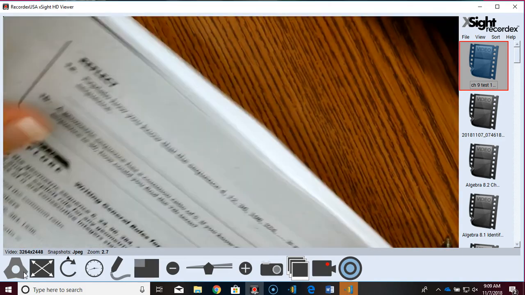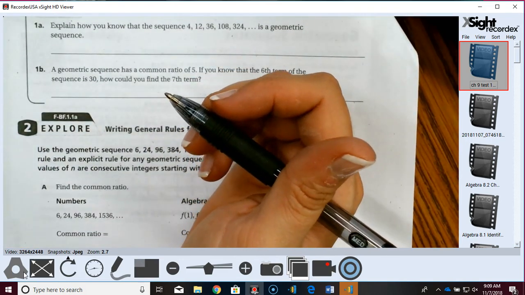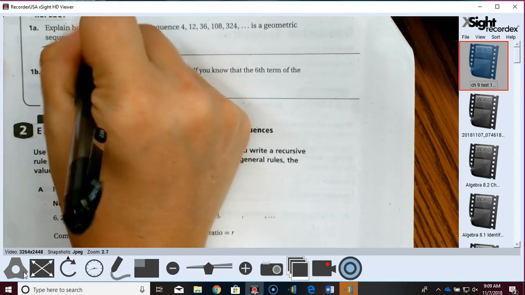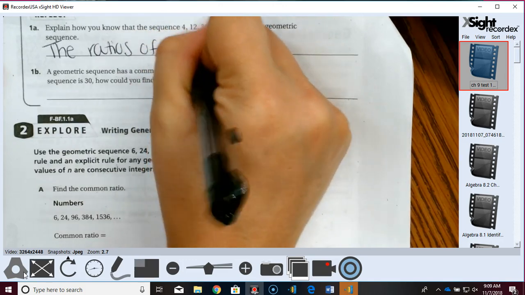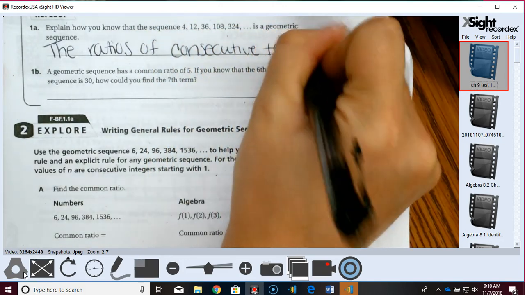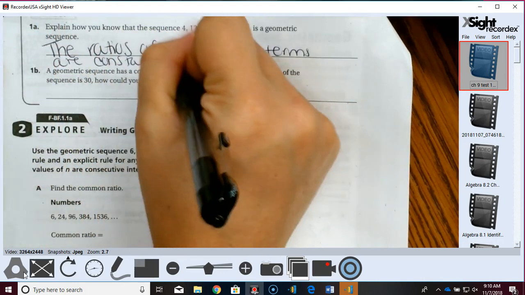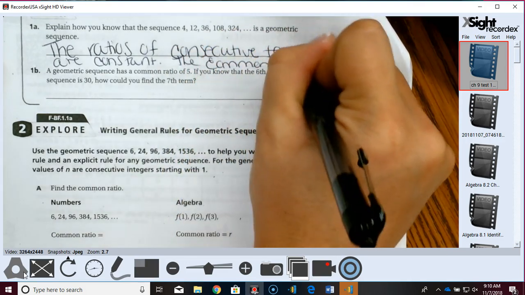Explain how you know that the sequence 4, 12, 36, 108, 324 is a geometric sequence. The ratios of consecutive terms are constant. The common ratio is 3.